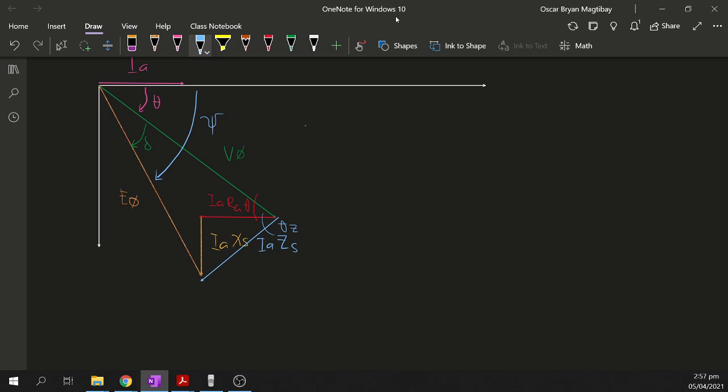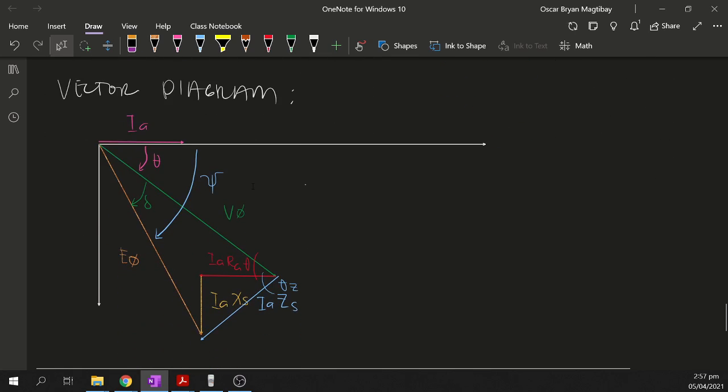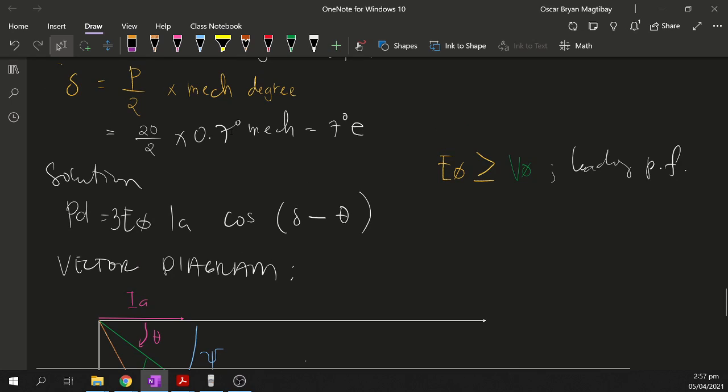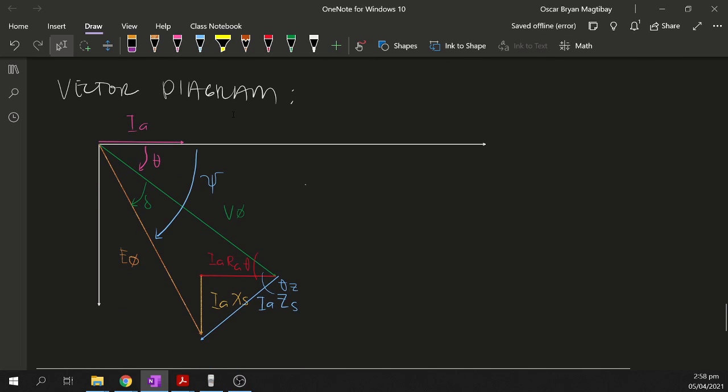Ngayon, ano kayang pwede nating approach dito? Pwede tayong gumamit ng cosine law, pwede tayong gumamit ng sine law, to get the parameters needed in this particular problem. But since given sa atin itong sigma natin, what would be a good approach?